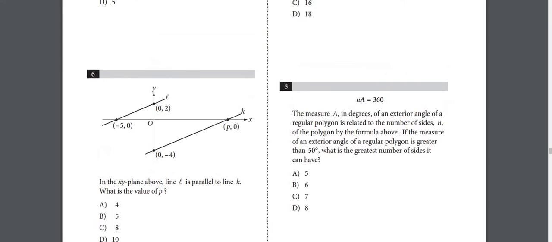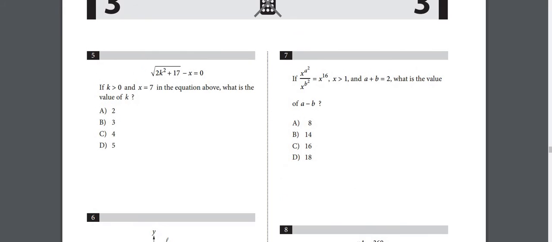Alright, let's go on to question number 7, which is: given x to the power a square divided by x to the power b square is equal to x to the power 16. So you can see that the base is x in each of these.